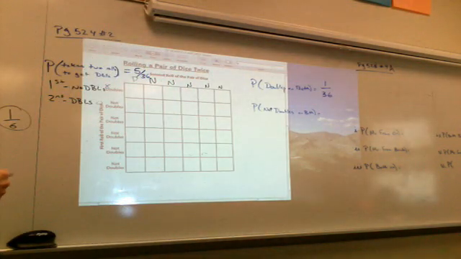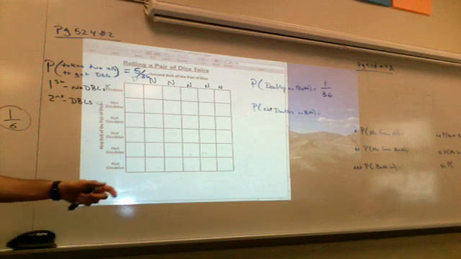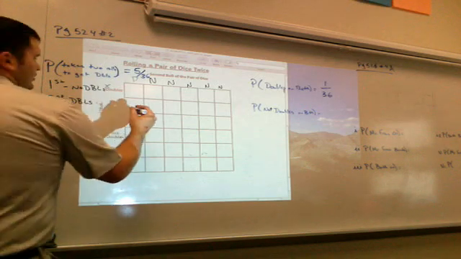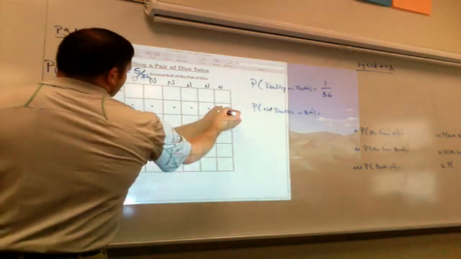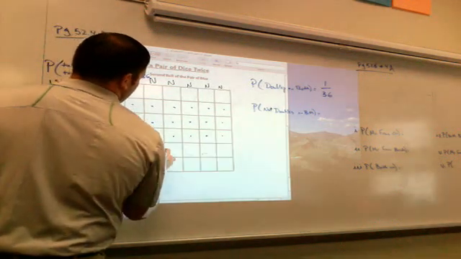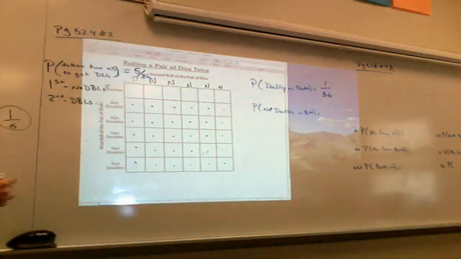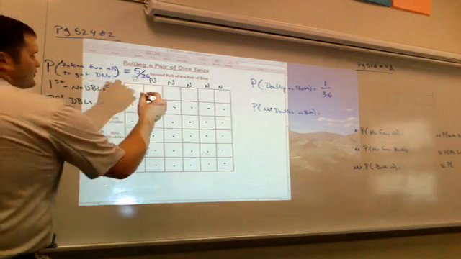Now, not doubles. For the first roll, rows 2 through 6 are not doubles, right? So I'm going to put a dot in each of those. Then do the ones that aren't. And then columns 2 through 6 are not doubles in the second.